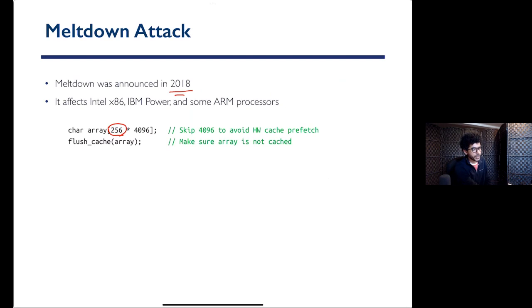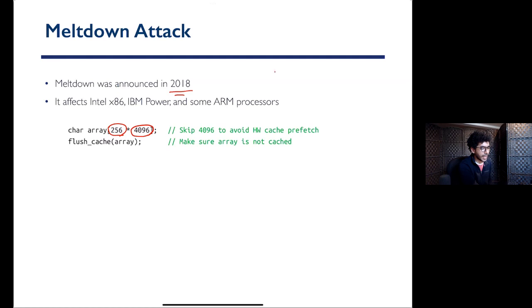Now, the reason I'm multiplying it by this big number is because I don't want these characters to be on the same block. Because if you remember, I said a single block is more than 1 byte.